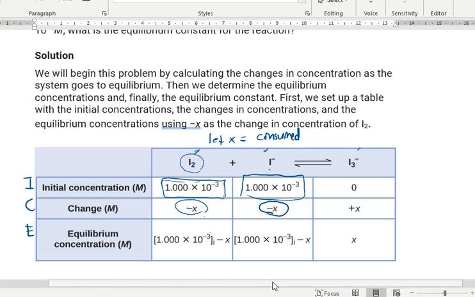So you have 1 times 10 to the minus 3 minus x. Okay? And also for I3, since initially you have 0 I3, you have no I3 in your solution. And then I3 is produced by an amount of plus x. So that means your equilibrium concentration would be x. Okay?